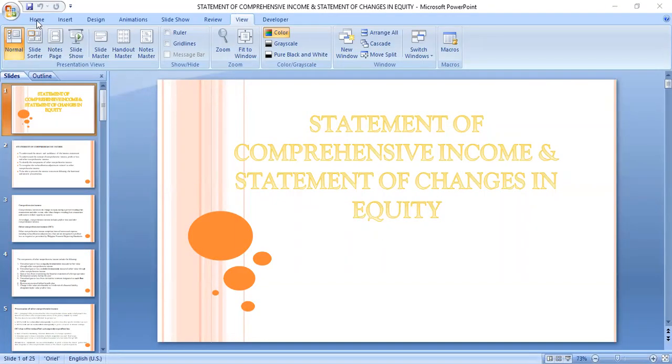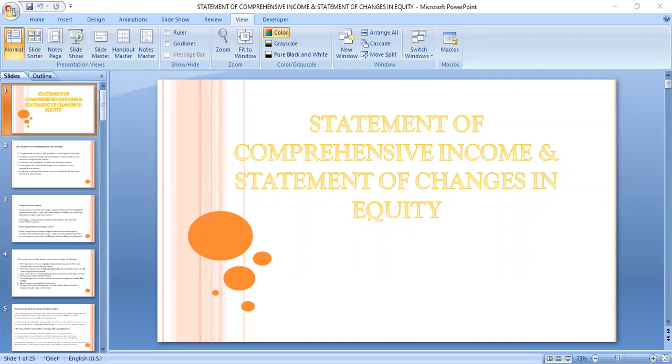That's found in chapter 4 of the latest edition of the book of Valix and Peralta. So we have now the statement of comprehensive income in chapter 4.